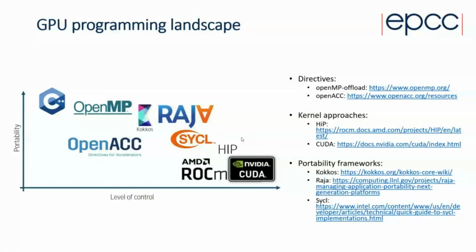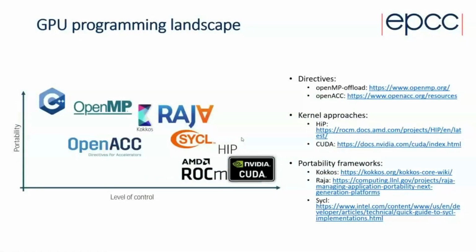C++ standard parallelism allows you to use elements of the standard parallel algorithms to execute on devices and then do operations on accelerators, GPUs. OpenMP offload is another option that allows you to target accelerator devices.